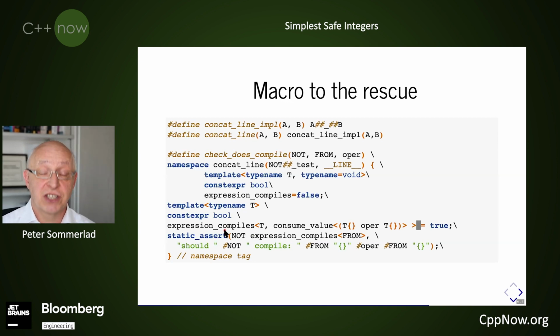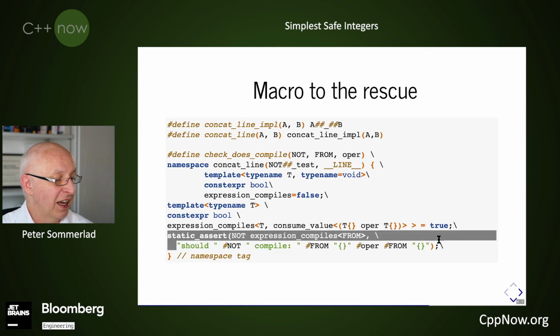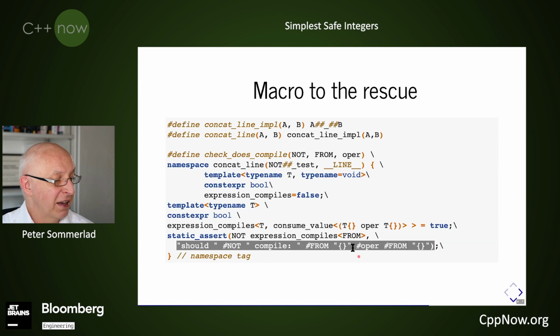Now we actually have to check at compile time that this trait is true or false, depending on the macro argument not. So we check for not, which is either empty or not, expression compiles for a given type, and then generate a nice error message that will show what we actually provided here and gives us the expression that either compiled or didn't compile if it's wrong.